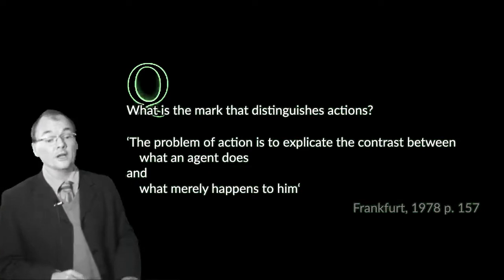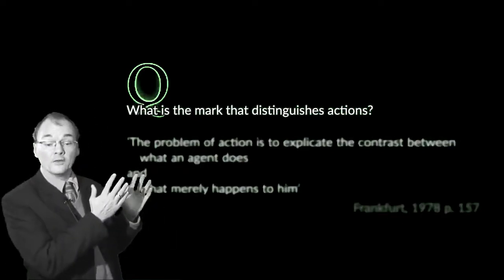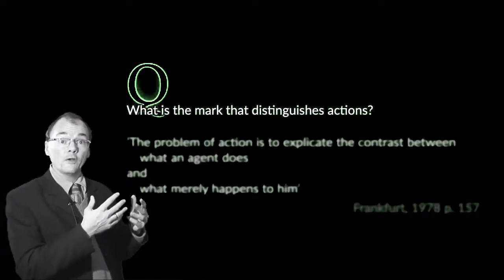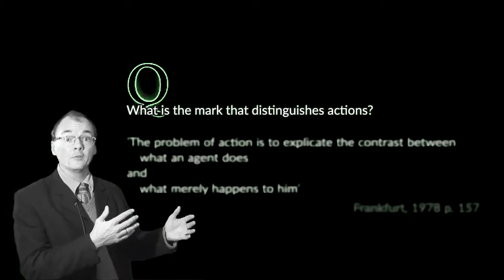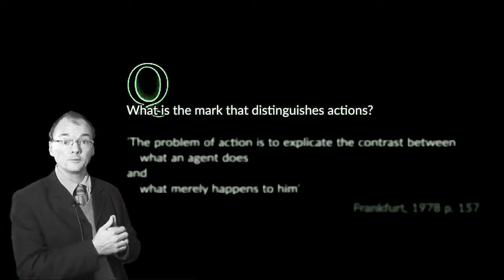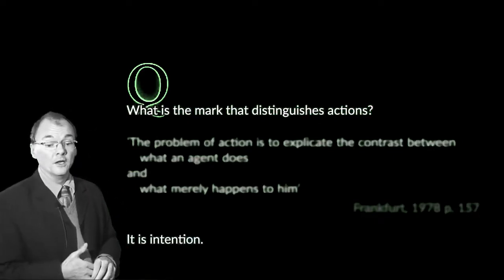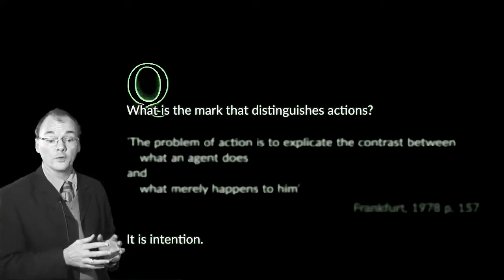So it does look like this question, what's the mark that distinguishes actions, really does look like a problem, insofar as none of the relatively straightforward ways of trying to answer it seem to stand up against possible counterexamples. So what we saw last week in Lecture 10 was what I'm calling the standard story, what Frankfurt calls a causal theory.